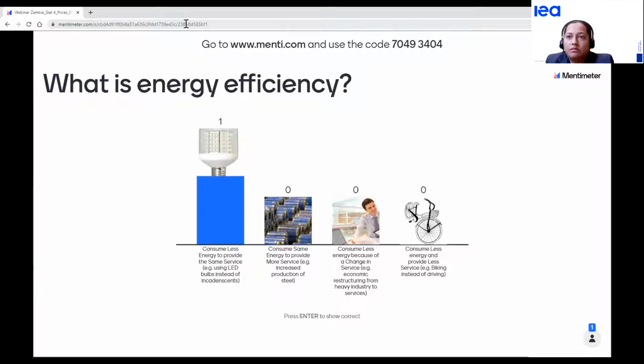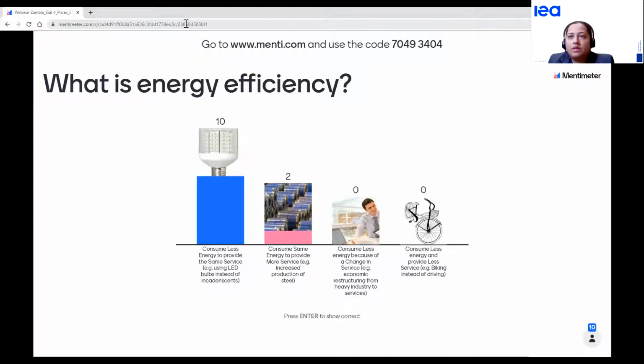Example, you increase production of steel. Is it to consume less energy because of a change in service? For example, an economic restructuring from heavy industry to services. Is it to consume less energy and provide less service? Example, biking instead of driving.